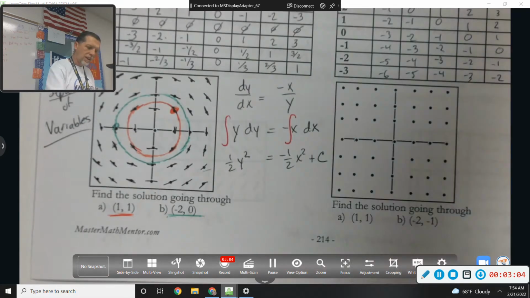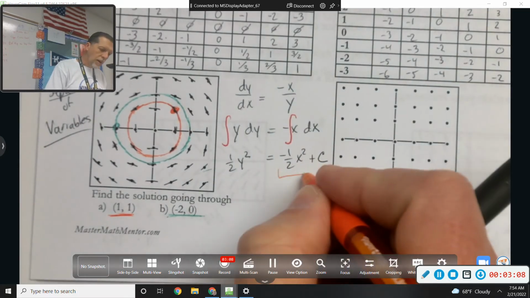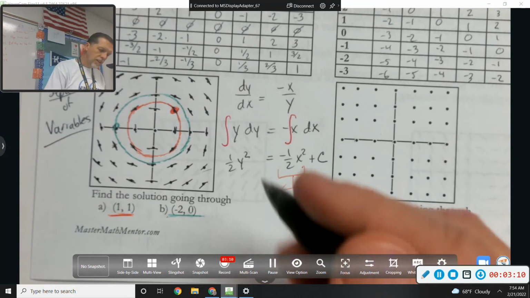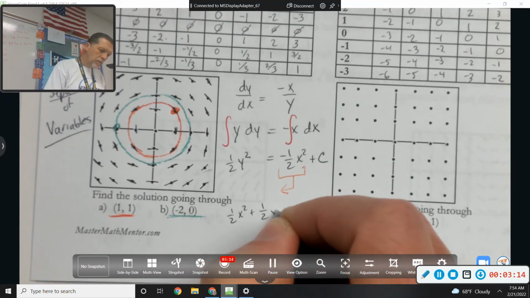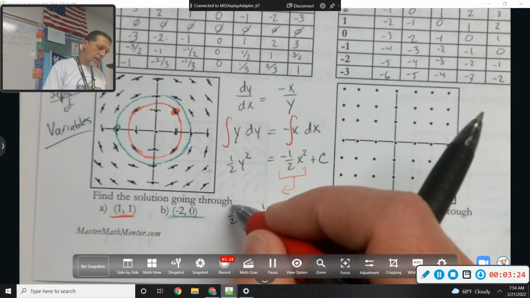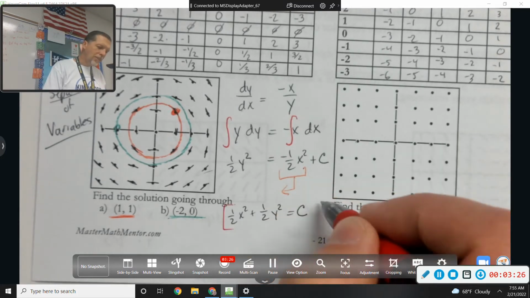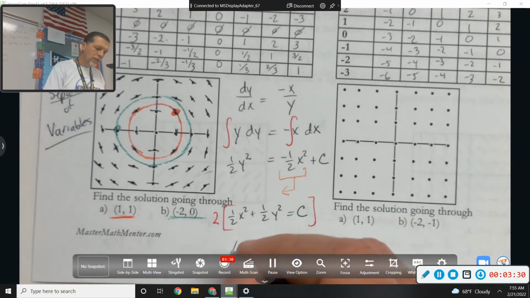Let's see. That's sort of done, but to make it look more familiar, I'm going to move this x stuff over. So I've got 1/2 x squared plus 1/2 y squared equals c. And then I wouldn't have to do this, but to make it really look like a circle, I'm going to multiply through by 2.